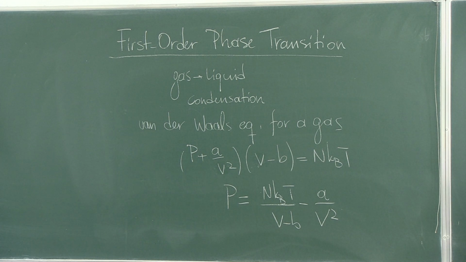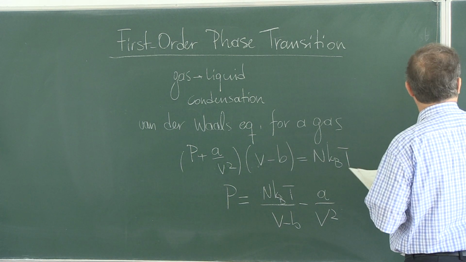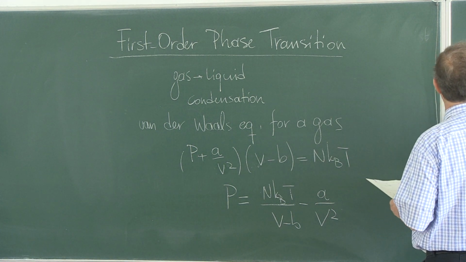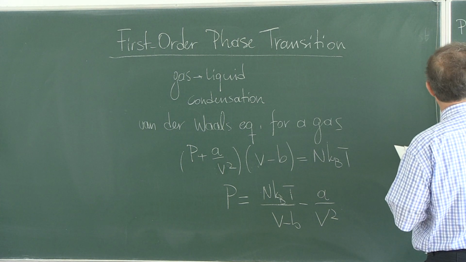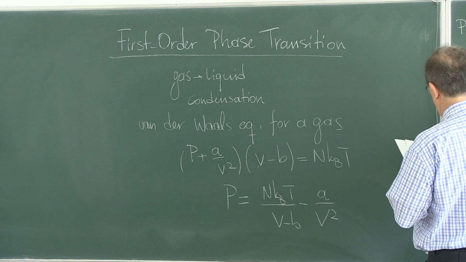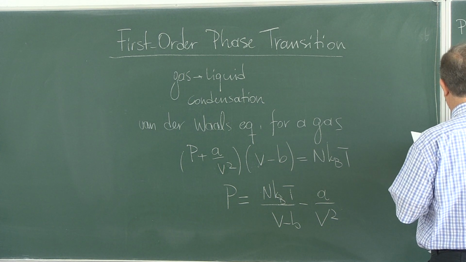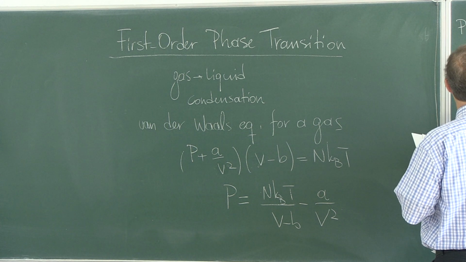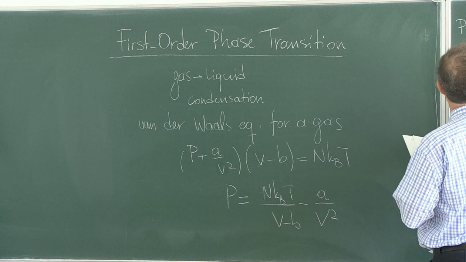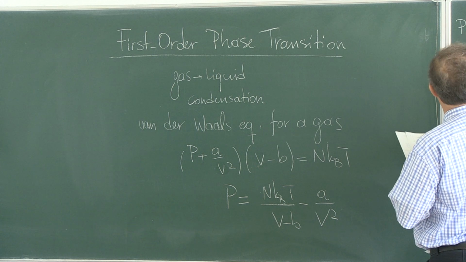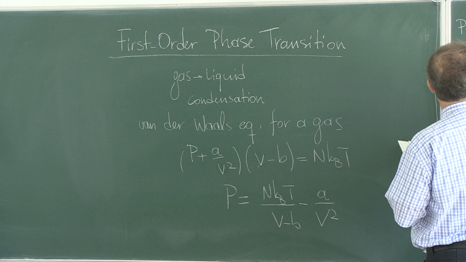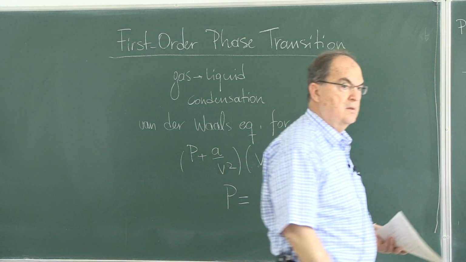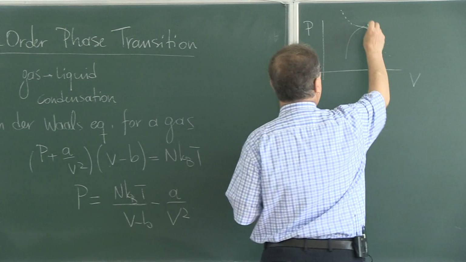Well, let's look at the critical point for this gas. It is a PVT gas. When you look at P versus V, remember, it was a region like this, and the critical point must be something like this. So there is an inflection at that point. That's the critical point.